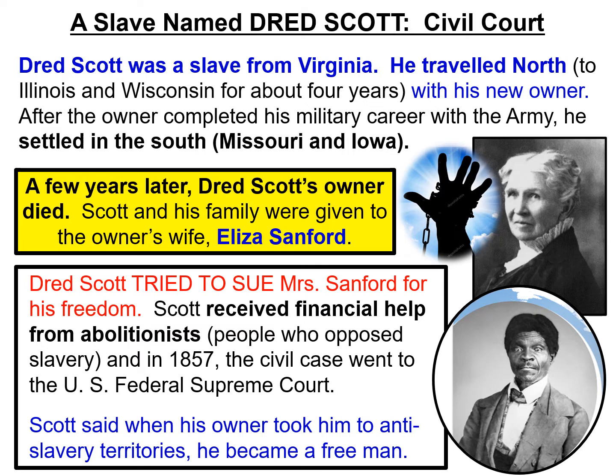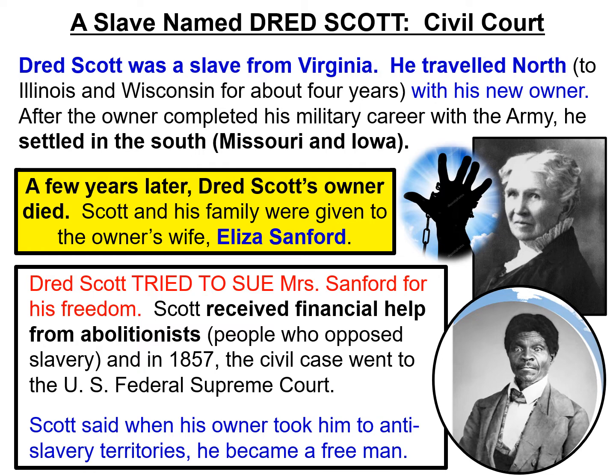He gives Dred Scott to his wife. And Dred Scott jumped a broom, so he has a wife, and he has two daughters. Once the owner dies and Dred Scott is given to the wife, Eliza Sanford, Dred Scott tried to sue Mrs. Sanford for his freedom.